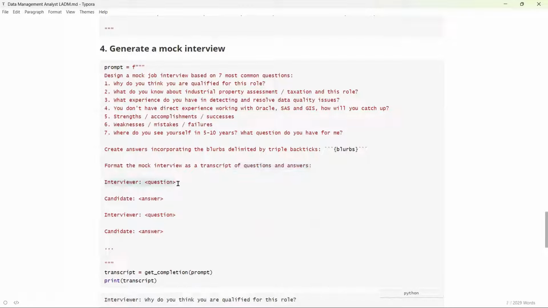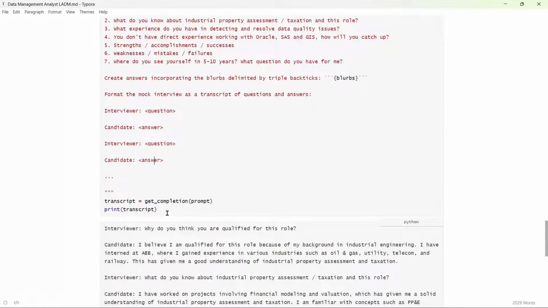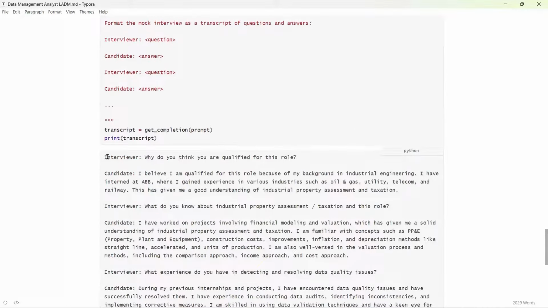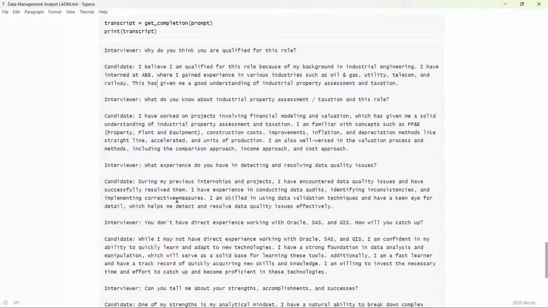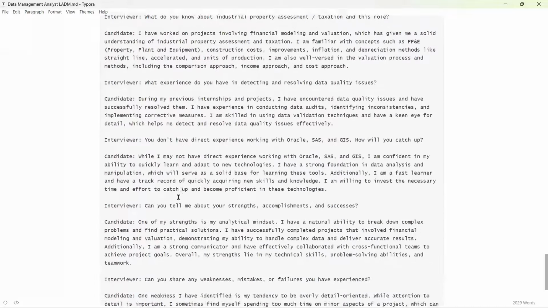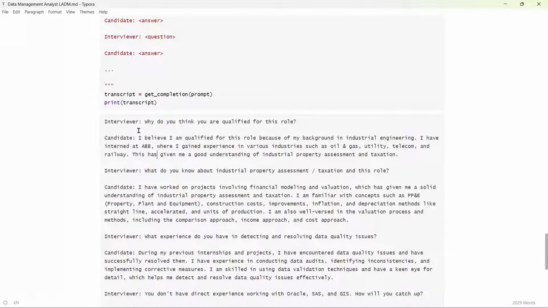So this is a question asked by the interviewer, and this is the answer from you as the candidate. Question, answer, like that. So this is generated by ChatGPT. It's amazing, isn't it? Let's just go through maybe 2 of them.